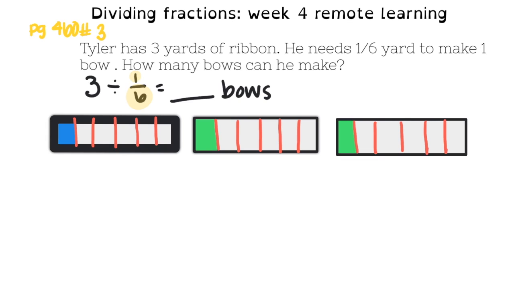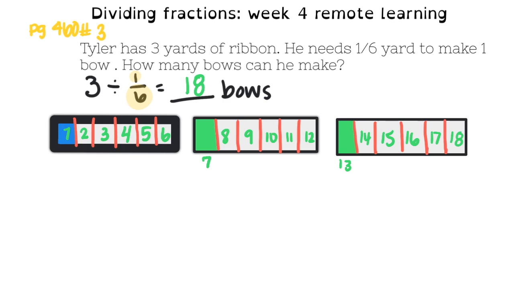On the first one, I make 1, 2, 3, 4, 5, 6. And then I continue on to the next one, 7, 8, 9, 10, 11, 12, 13, 14, 15, 16, 17, 18. So I have 18 bows.